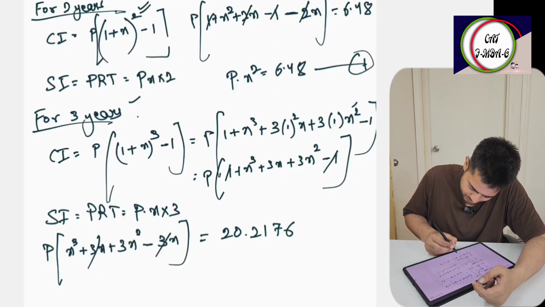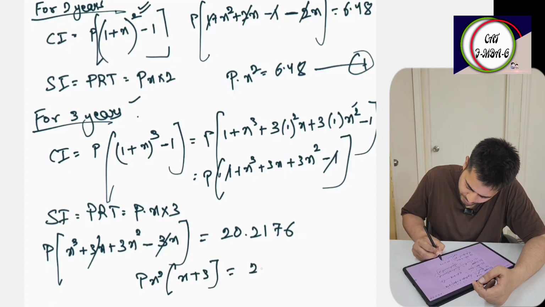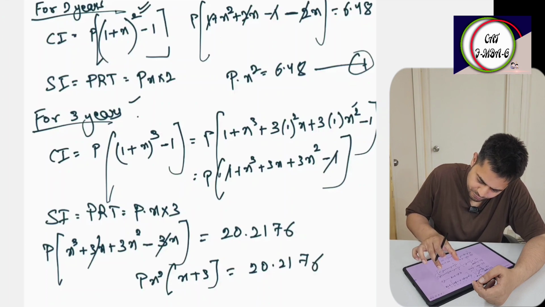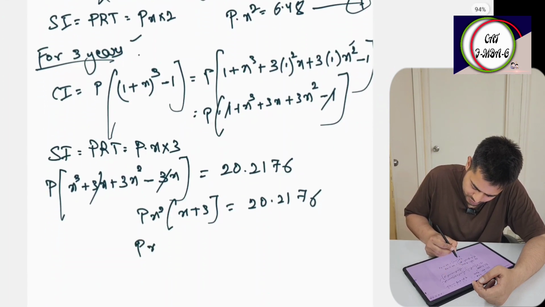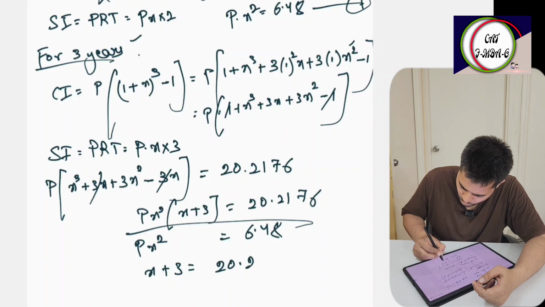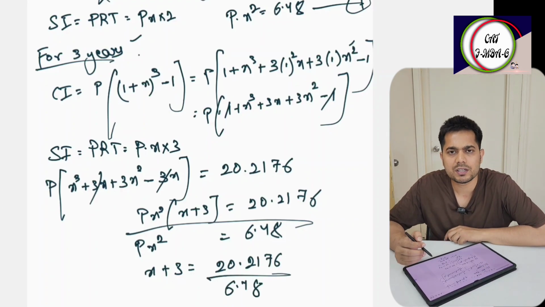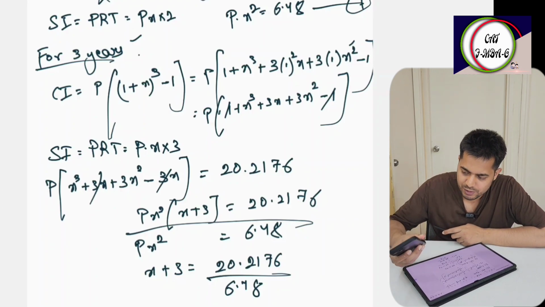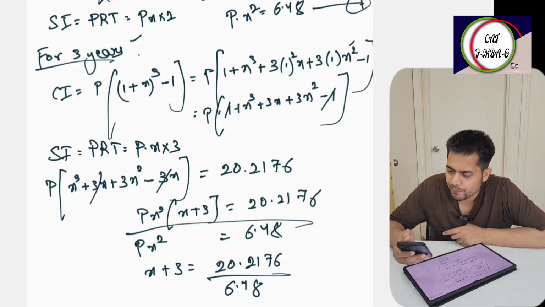3X gets cancelled. So P into X square into (X plus 3) is equal to 20.2176, and from equation number 1, P into X square is equal to 6.48. So dividing, X plus 3 will be given as 20.2176 divided by 6.48. We can take the help of a calculator because in the CAT exam nowadays a calculator is given, so you need not worry.